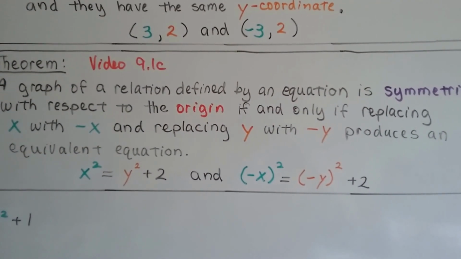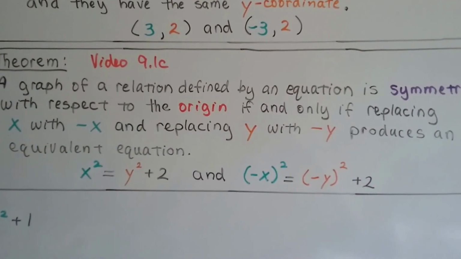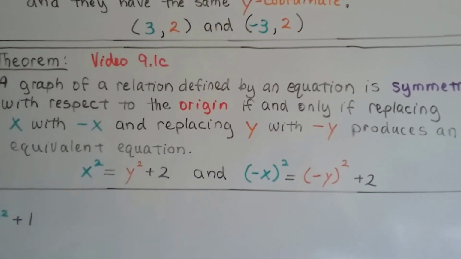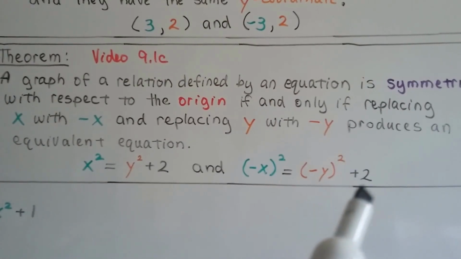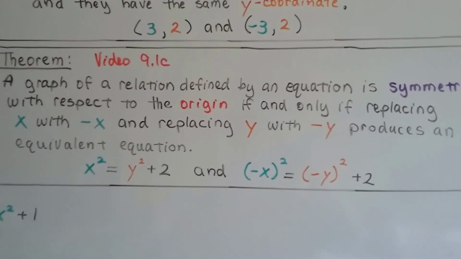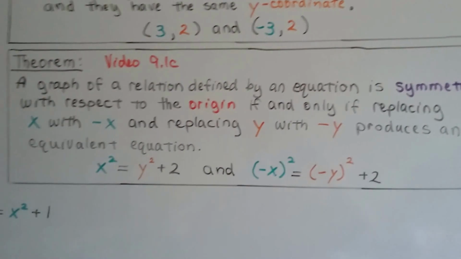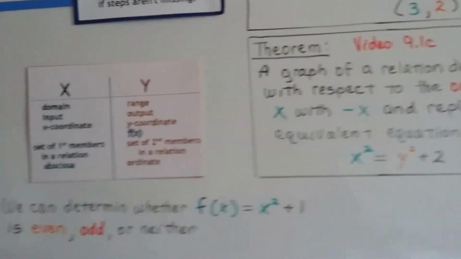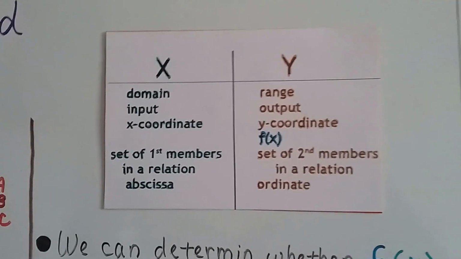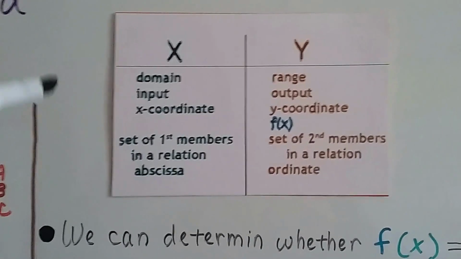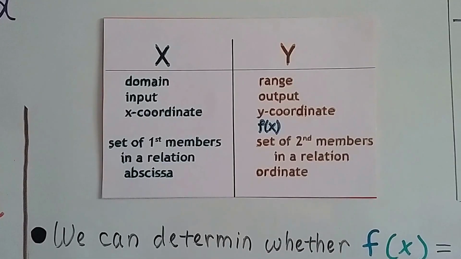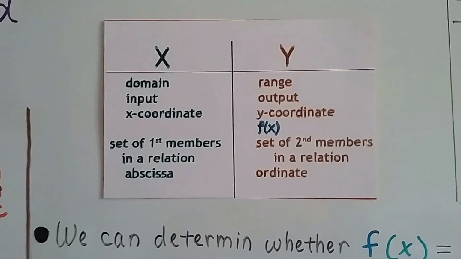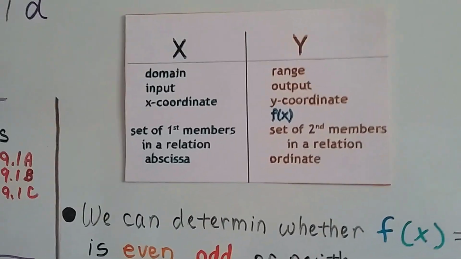X squared equals y squared plus 2, and the inverse of x squared equals the inverse of y squared plus 2. See? And they're equivalent. So I want you to remember that we've talked about this before for x and y. They have a lot of different names. Y can also be the function of x, okay? So they have a lot of different names that we call them.